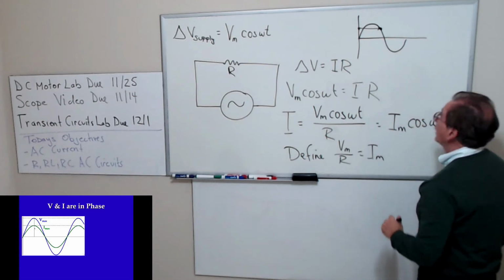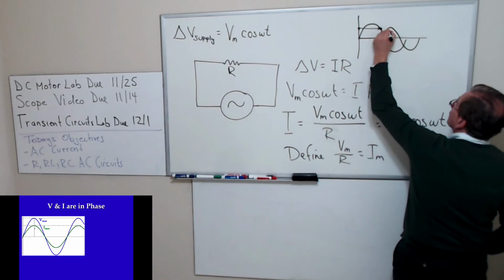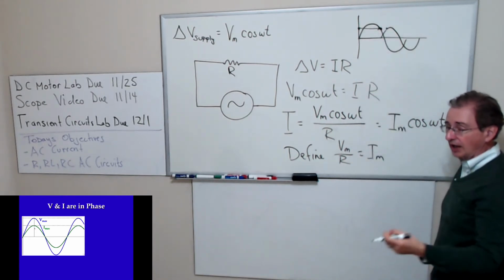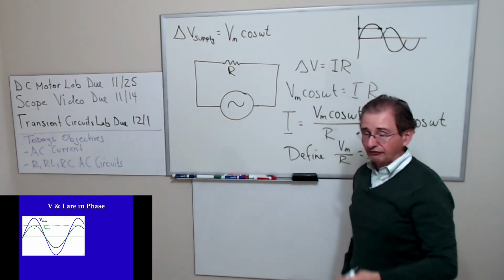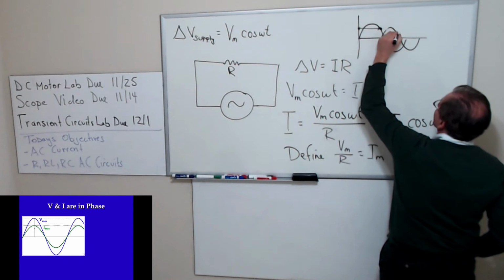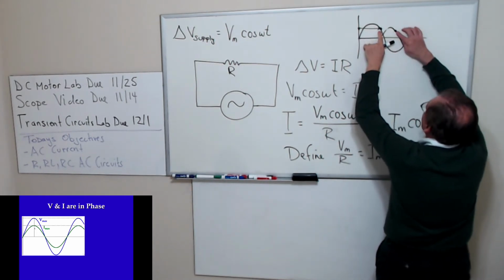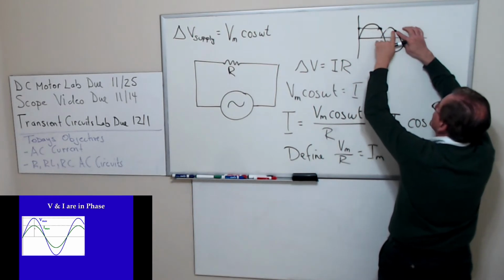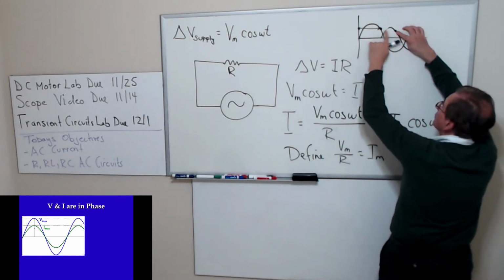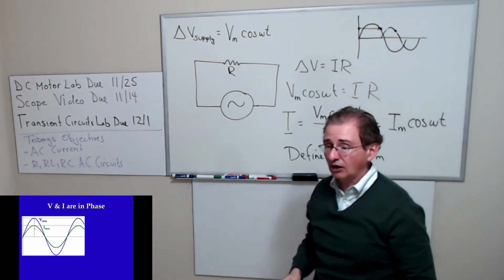And so if you have two functions that get the same value at different points of the cycle, then you say that they're out of phase. The value at the same height comes at different values of time, and so you say the two functions are out of phase.